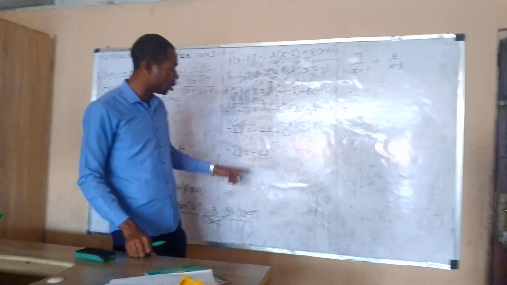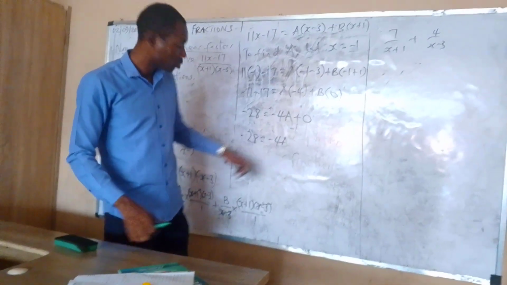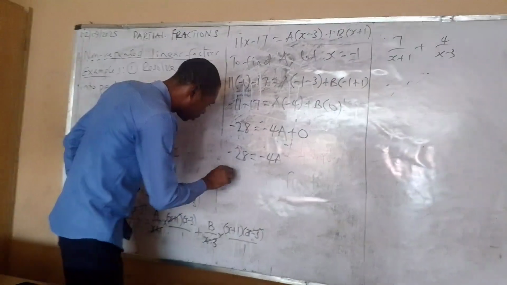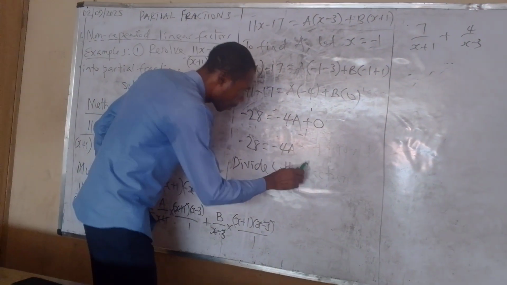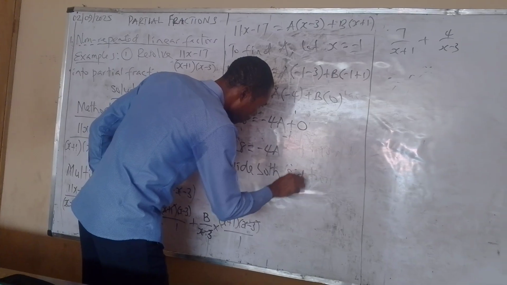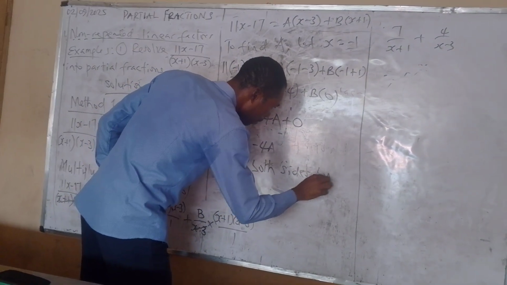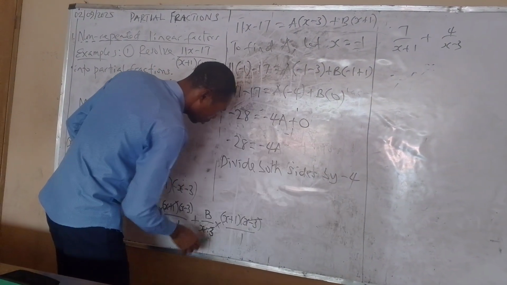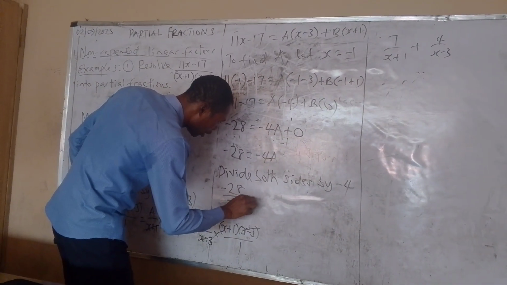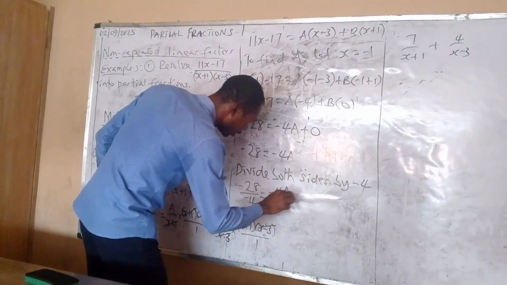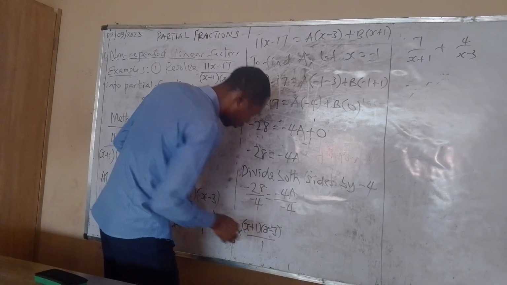Divide both sides by minus 4. So if I divide both sides by minus 4, that will give me minus 28 over minus 4 equals minus 4a over minus 4.